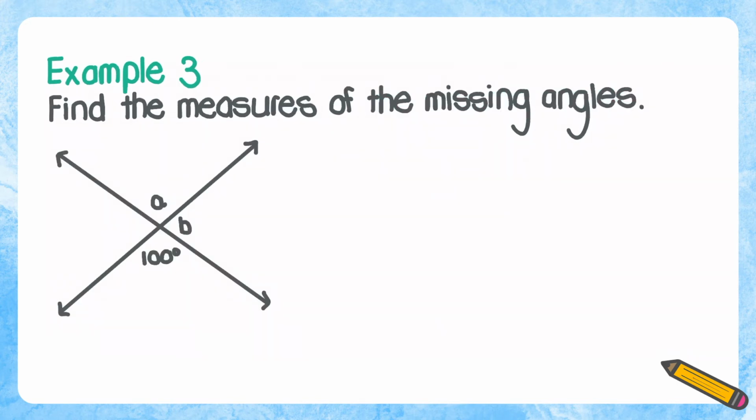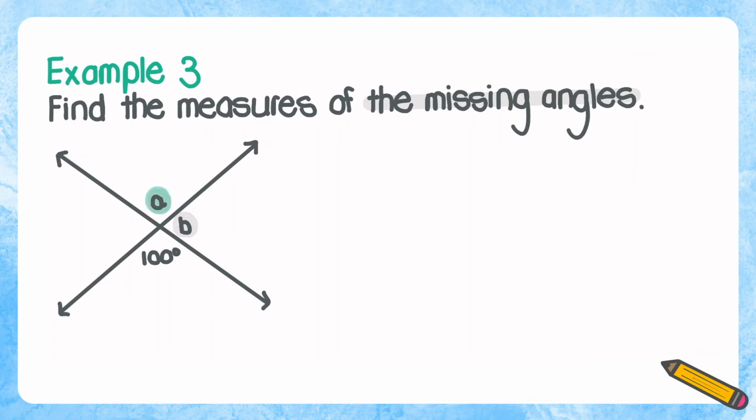In example 3, we are asked to find the measures of the missing angles. So we have two missing angles here that we have to find. We're going to take it step by step, solving for one angle at a time.